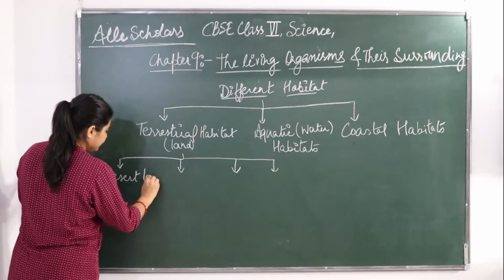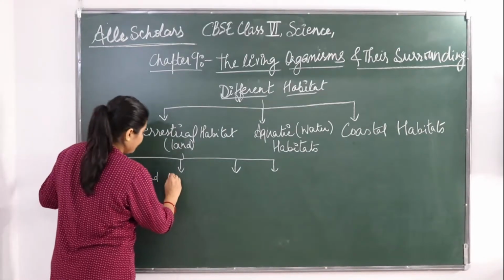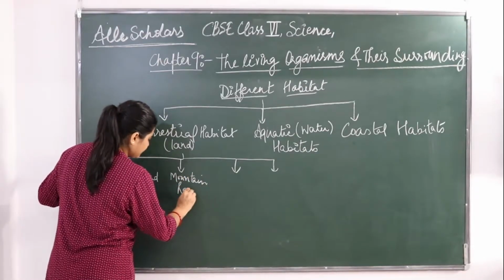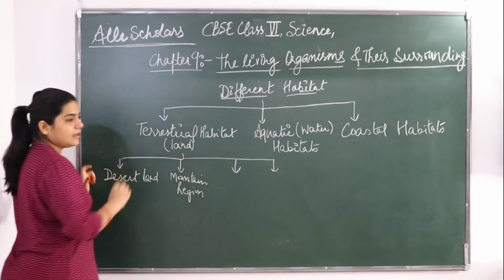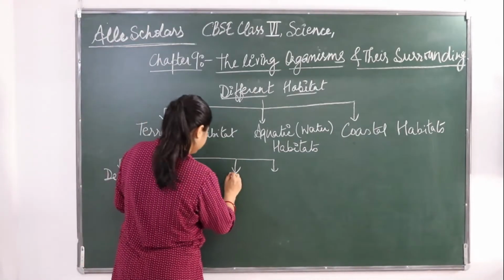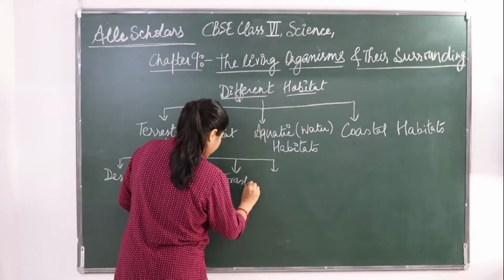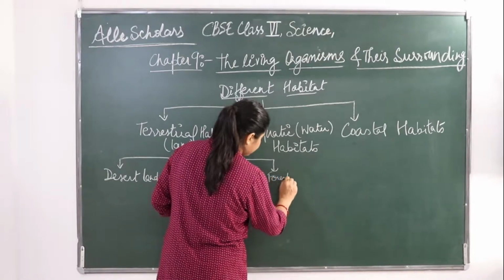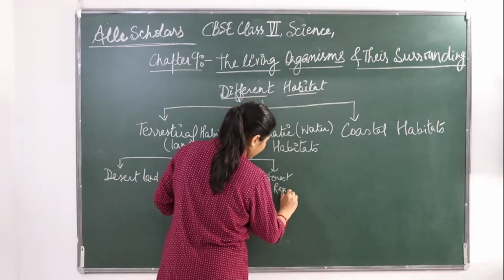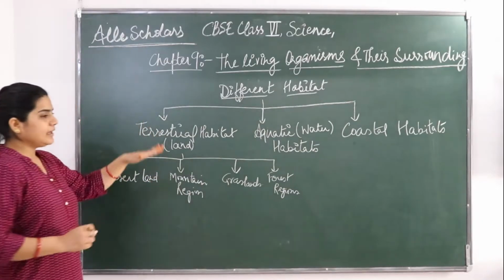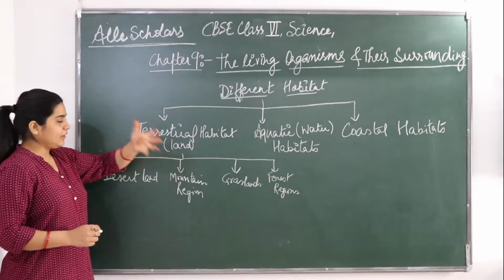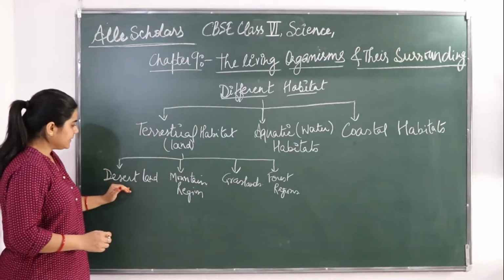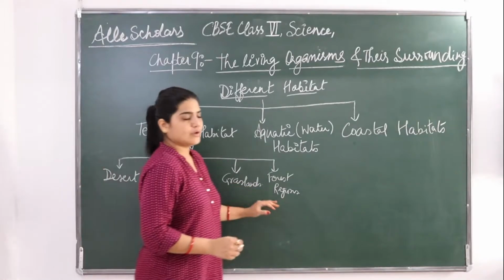Desert land, mountain region, the third is the grasslands, and the fourth type is the forest region.